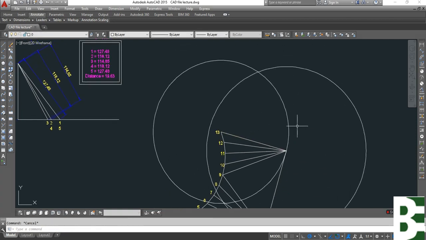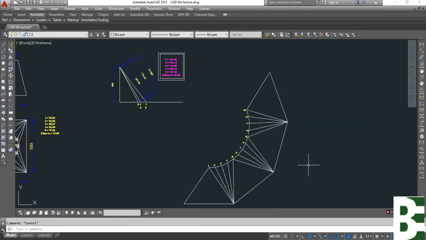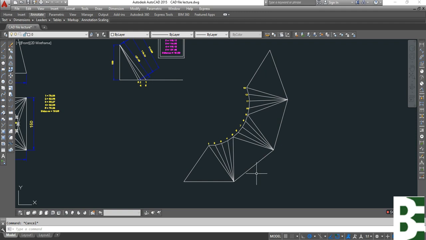From here 150, 127.48, and where they are touching each other. Now we have 150, 150 and 150. 3 corners are ready, and the straight lines are completed.